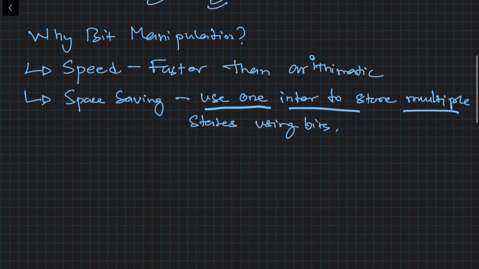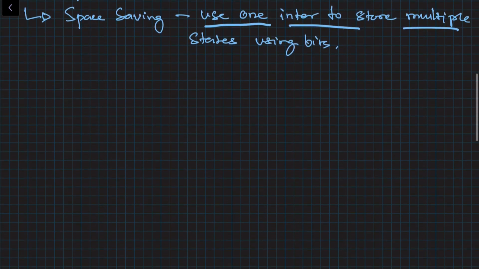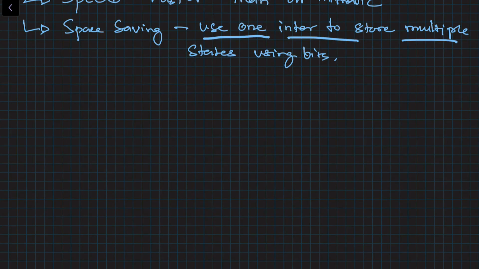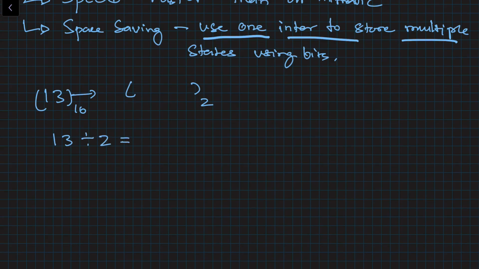Let's understand how we can represent a decimal value in terms of bits or binary representation, with one example. Let's say 13. 13 is a decimal number, so its base is 10, and we have to represent it in binary representation, which is base 2. To convert a base 10 value to base 2, we can perform certain mathematical operations. If we divide 13 by 2, we get 6 and a remainder of 1.